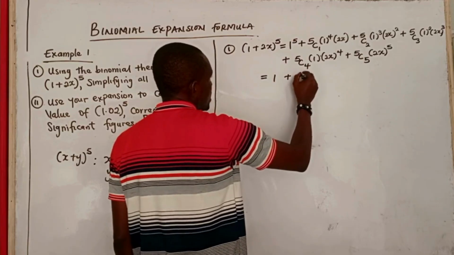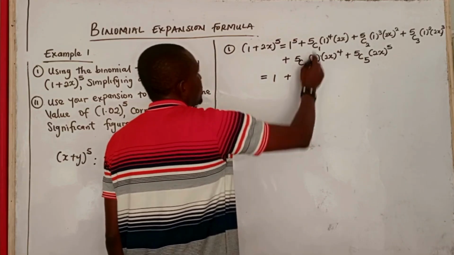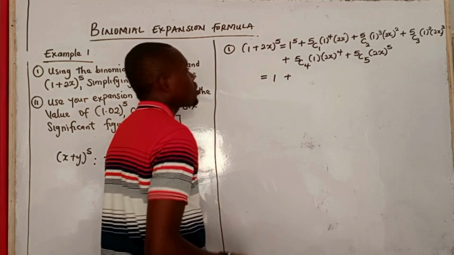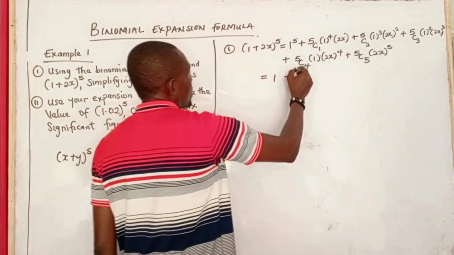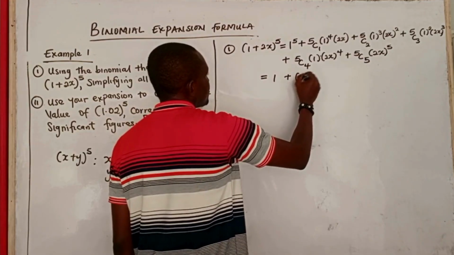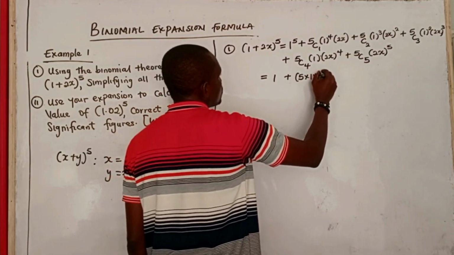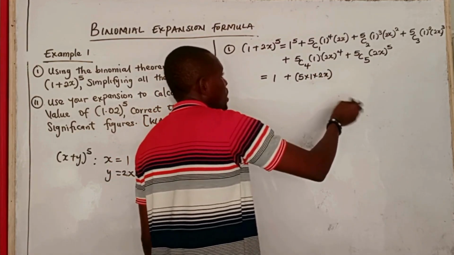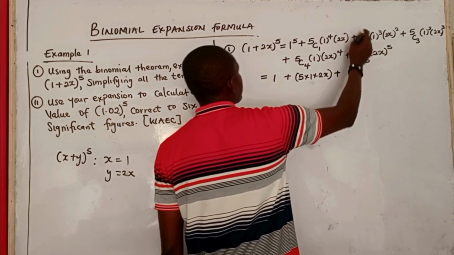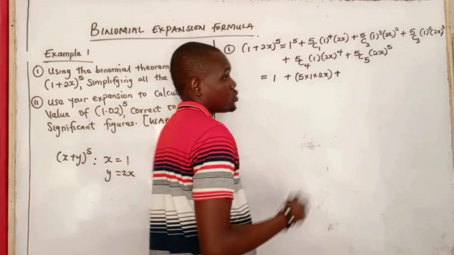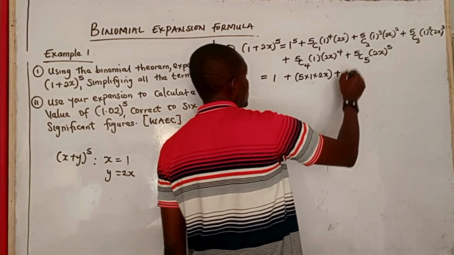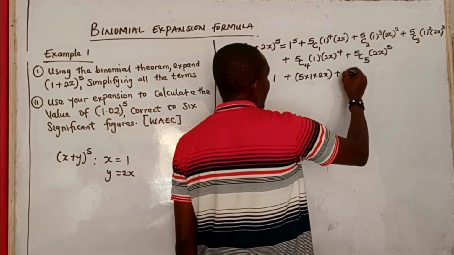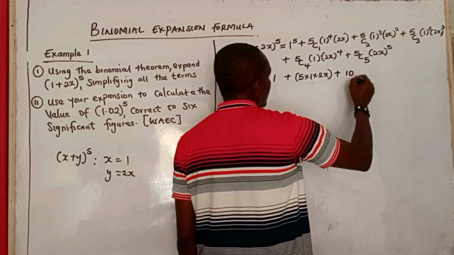So here we are going to have 5, then 1 to the power of 4 is still 1. So we are going to have 5 times 1 times 2x. Then plus, now 5 choose 2, if you use your calculator, you agree with me that you are still going to have 10.